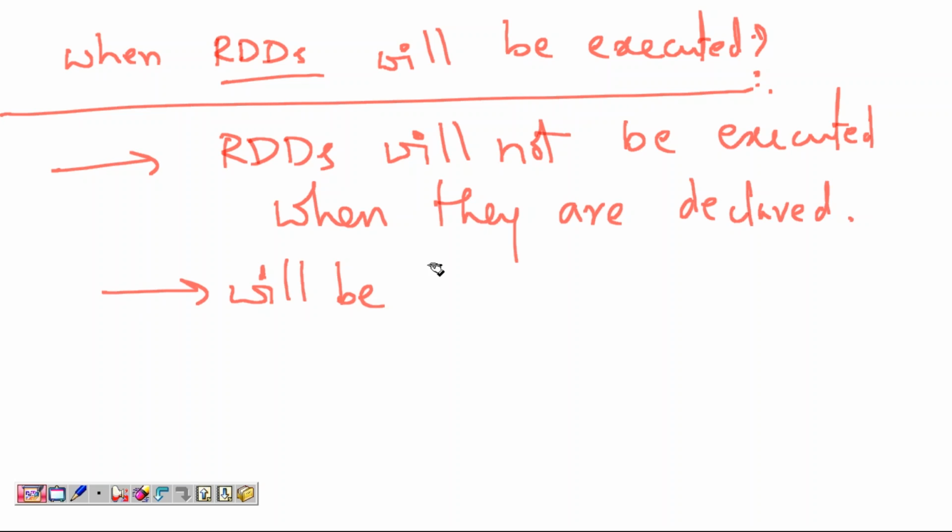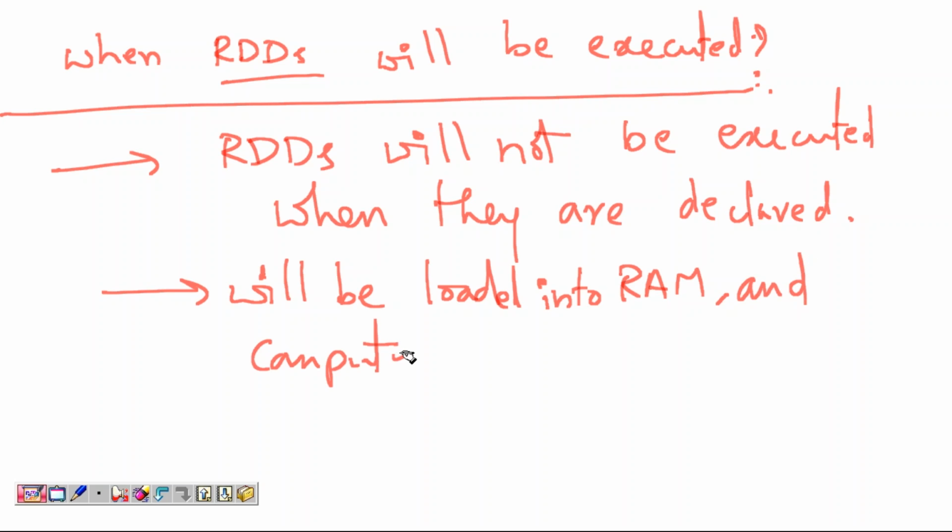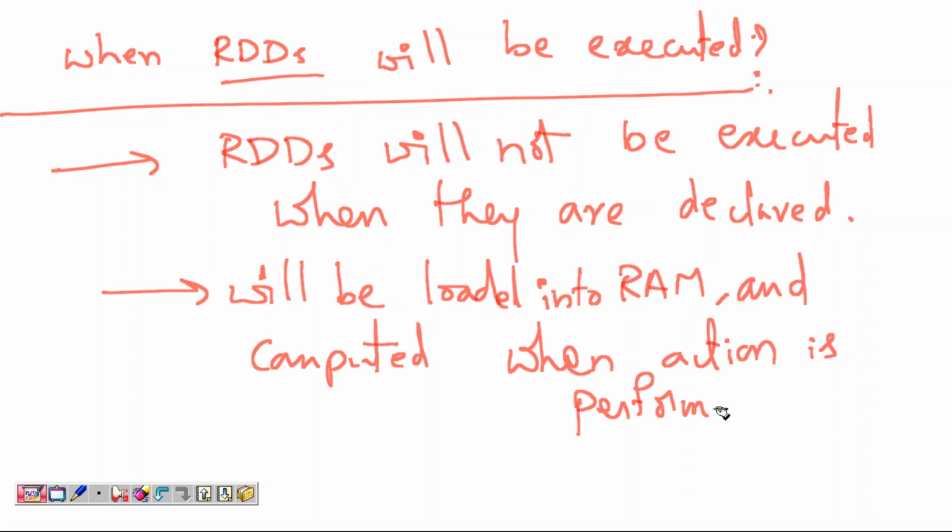Here executed means these will be loaded into RAM and computed when an action is performed. That means when you apply some action over an RDD, then only the data flow will be executed. This kind of execution model is called lazy evaluation.